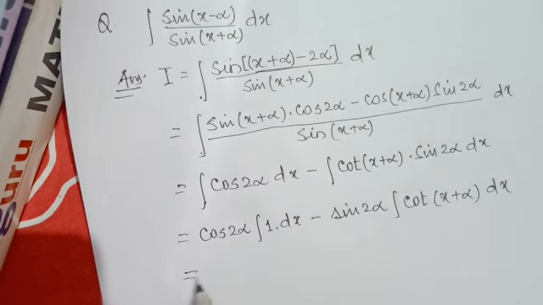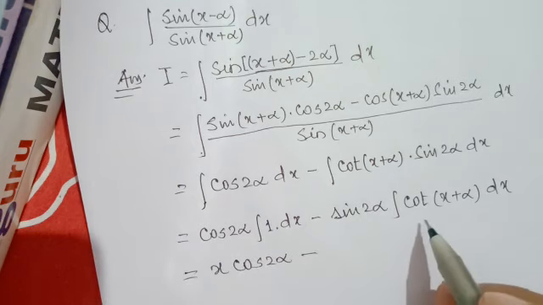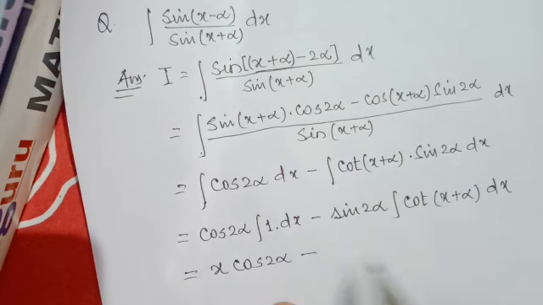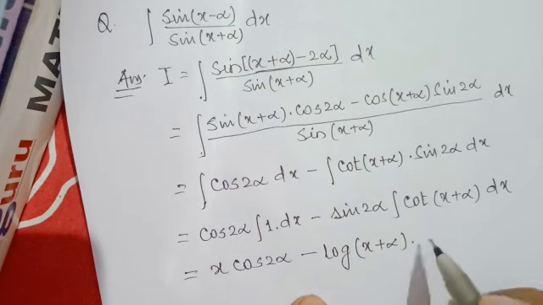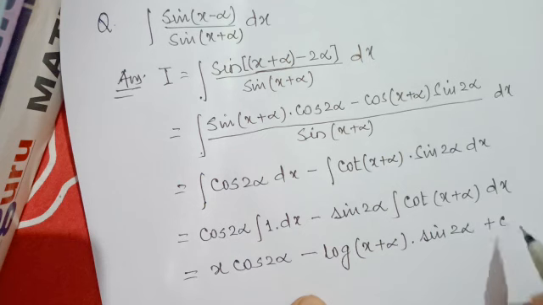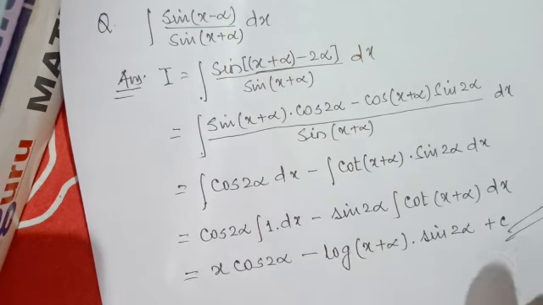Integration of 1 is x, so x cos 2 alpha minus sin 2 alpha into log sin(x plus alpha), as you have just seen in the previous problem, plus constant. This is your integration, this is your solution.